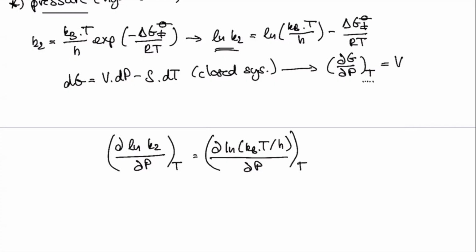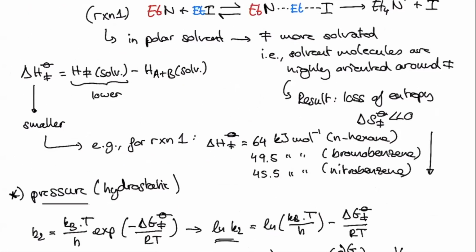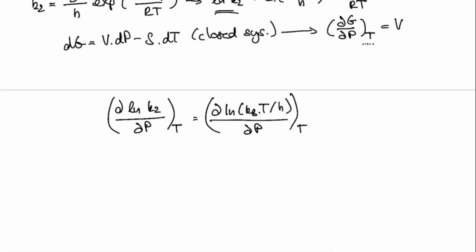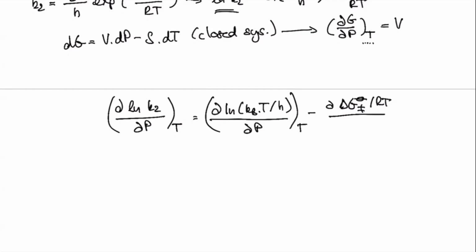We'll see later that this is 0. We'll just draw it out for now. Plus d delta G not transition state over RT over dP at constant temperature. Okay, so this term is 0.